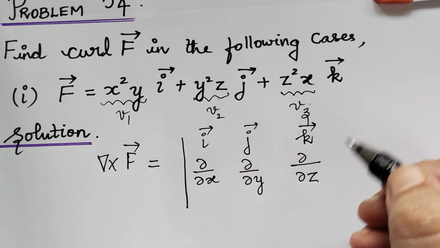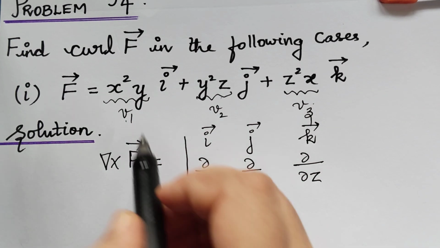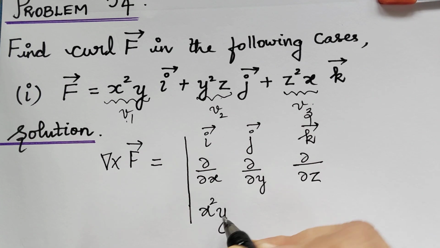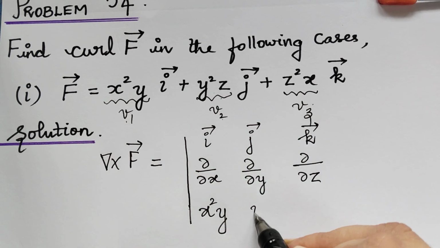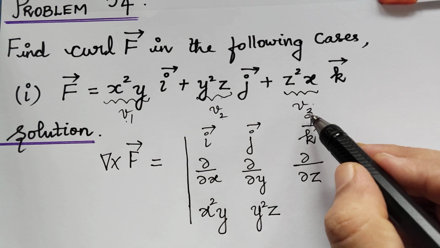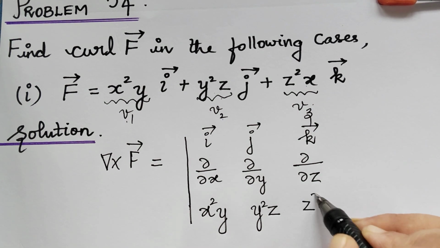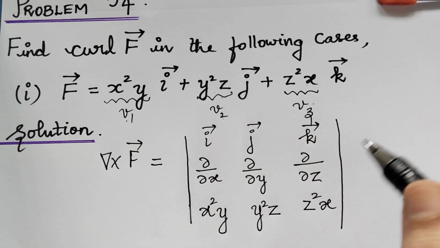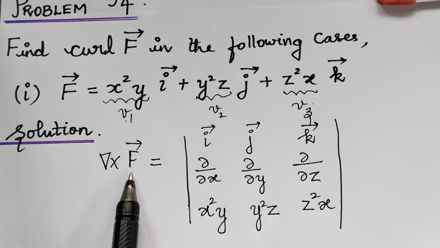After this, we write v1. What is v1 here? It is x squared y. And v2 is y squared z. And v3 is z squared x. Now we have to find the determinant of this in order to find the curl of the vector point function f.